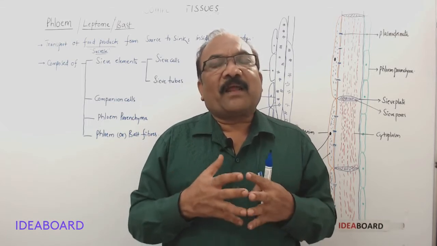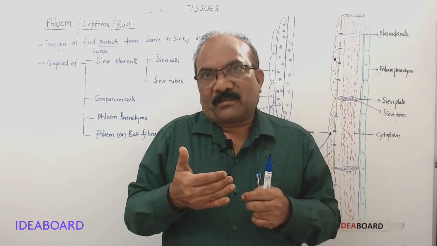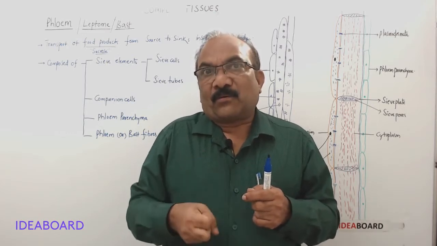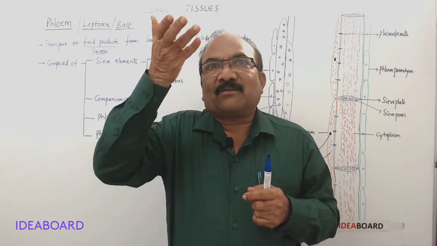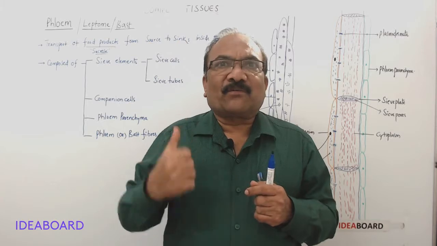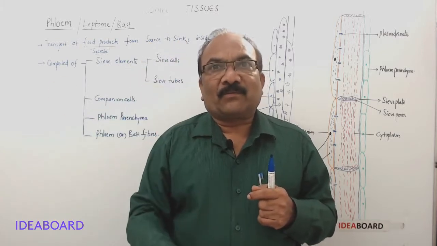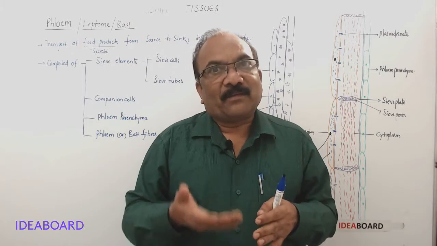Then how will the plant survive? Now the food material which is stored in the root will come back to the shoot system. Through which tissue? Phloem only. Earlier, through which tissue did it go into the roots? Through phloem only.